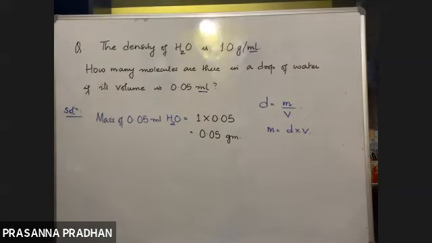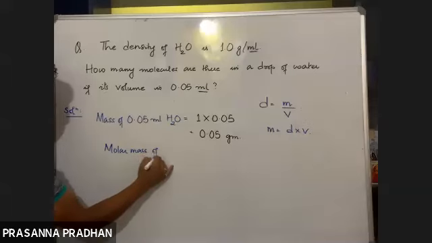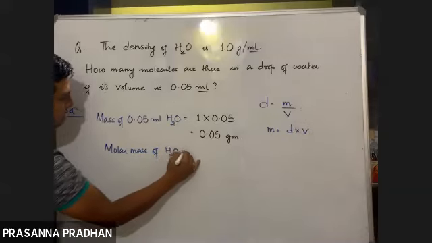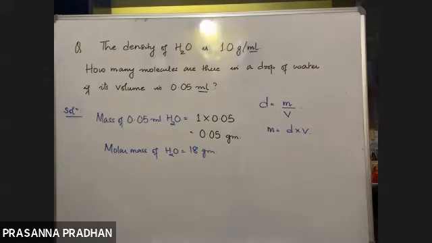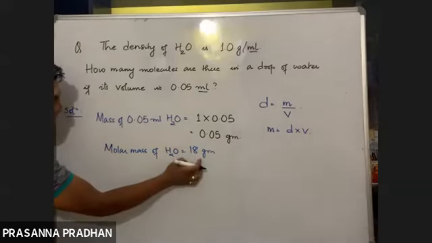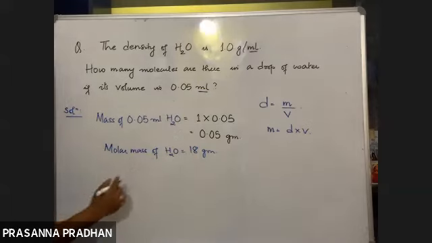Now molar mass of water, what is the molar mass of water? 18. Molar mass of water is equal to 18 gram. We know this fact. So this means it is equal to 1 mole of water, and 1 mole contains Avogadro number of molecules.